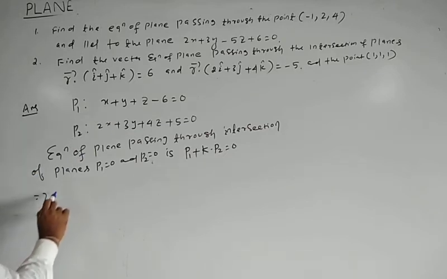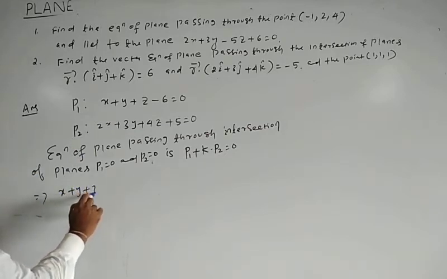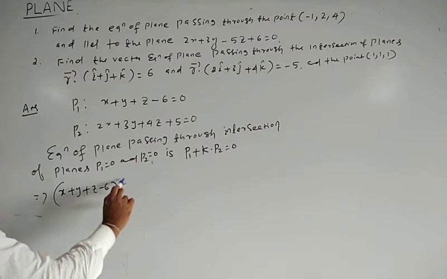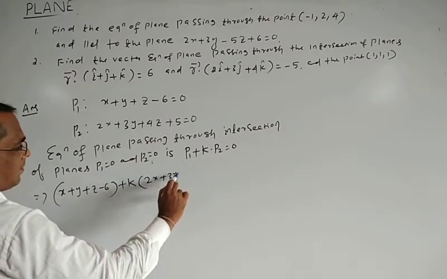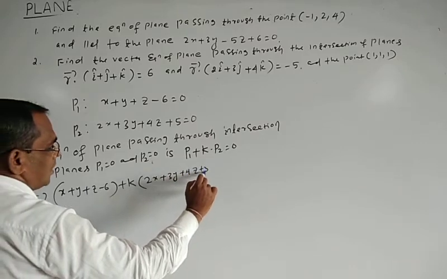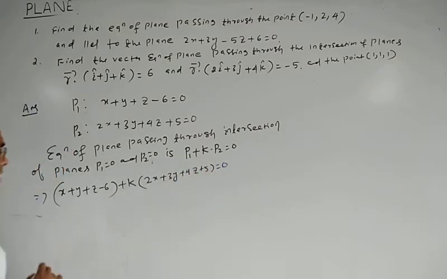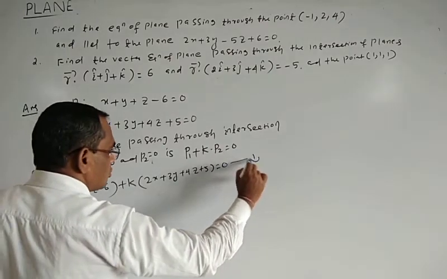That implies x plus y plus z minus 6 plus K into 2x plus 3y plus 4z plus 5 is equal to 0. Let it be equation 1.